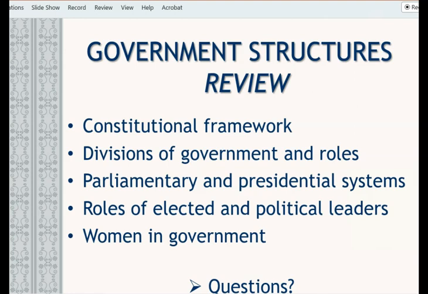We also discussed again how leaders are elected in that process, and also the roles and responsibilities of those entities that are put into power, as well as, last but not least, and most certainly just as important, the growing role of women in government and what that's going to do to potentially change the outcomes of our systems.